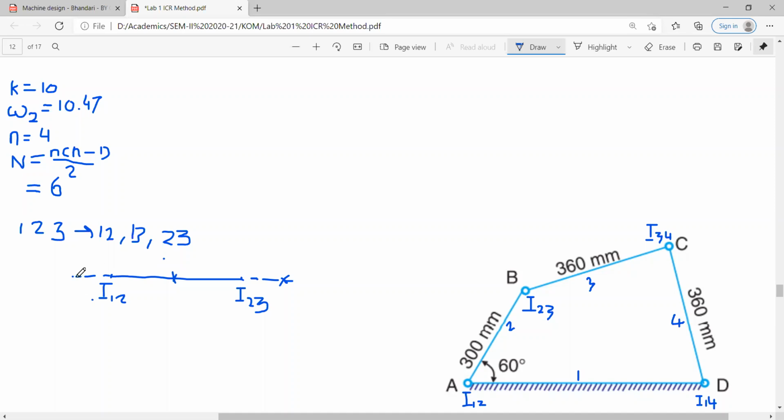So it may also be here. But it will be on the same straight line. That is the main thing to remember here. Okay, got it? Yes or no?